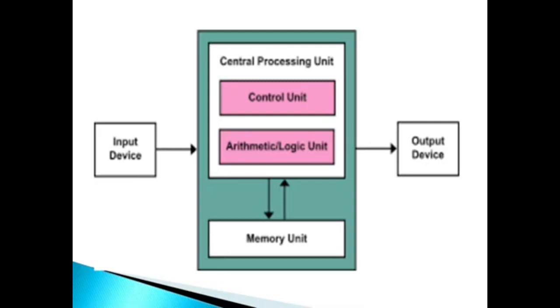The input device gives data to the arithmetic and logic unit, which takes from the memory and gives to the output device. Here the control unit acts as a traffic controller. It gives the signal one by one to process the data. So this is the diagrammatic representation of the CPU. Thank you.